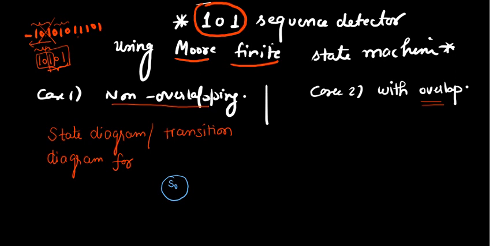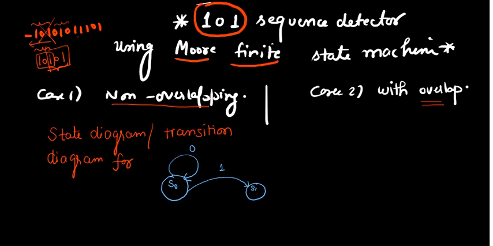If 0 comes, we are still waiting for 101, right? So if we are in state S0 and 0 occurs, we remain in the same state. But if 1 occurs, first step of our wait is complete, as we are waiting for 101. So our first step is complete, 1 has arrived, so we will move to the next state, and we represent it using S1.